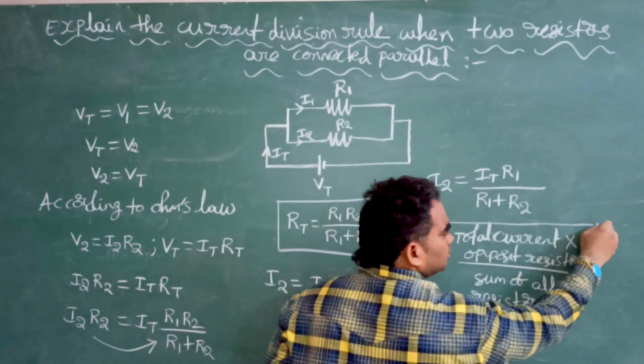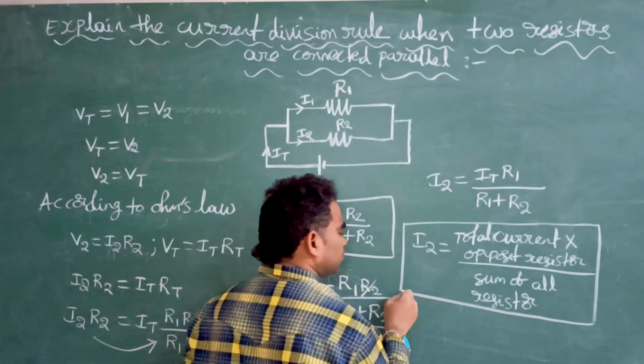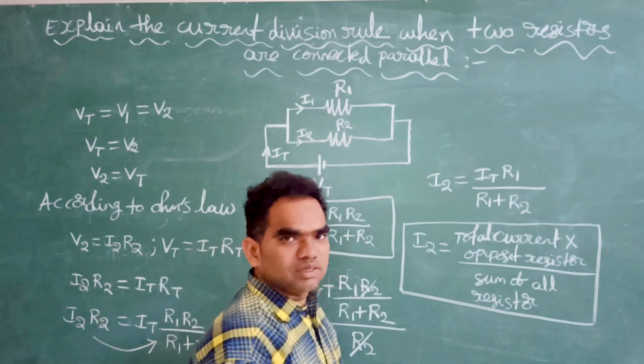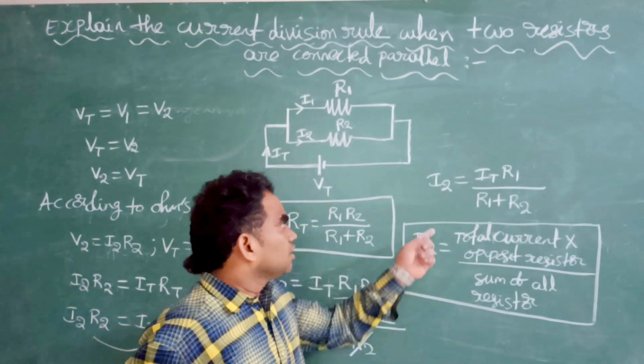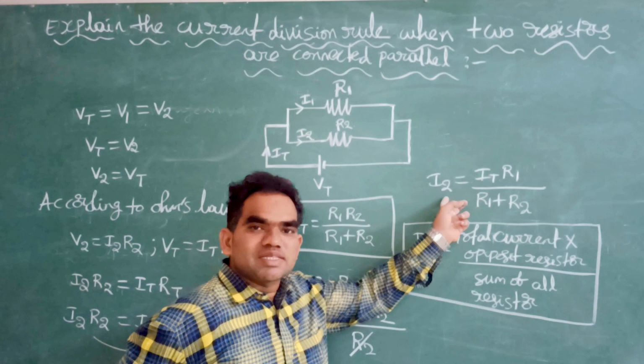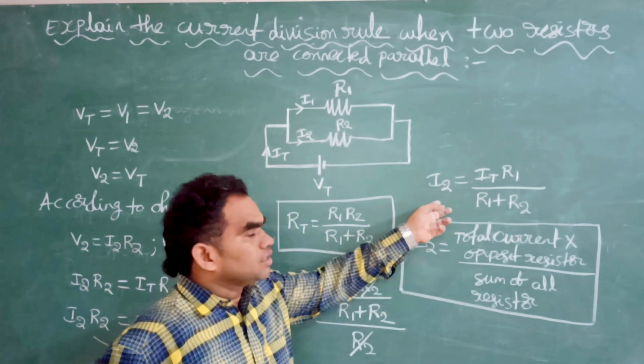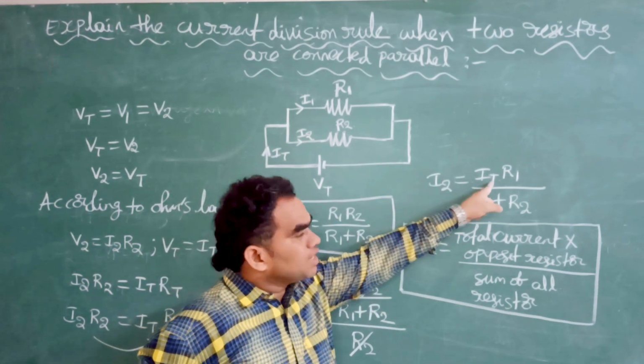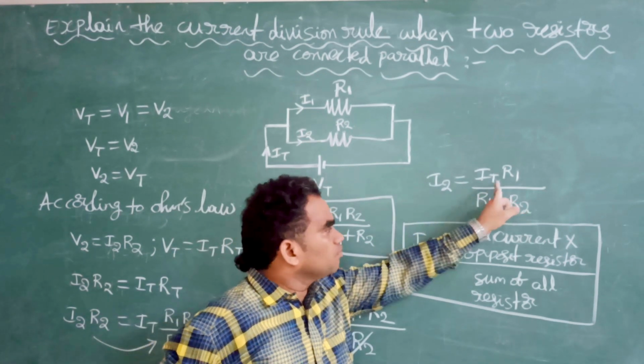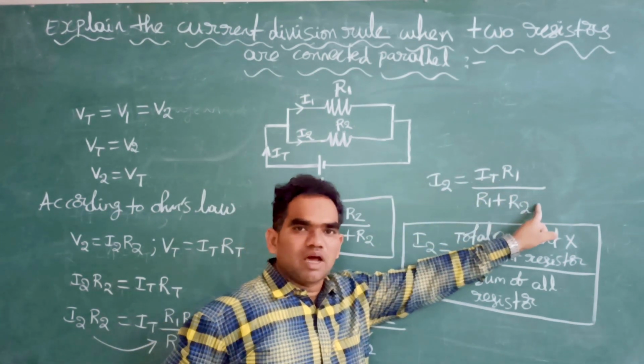This is the I2 value, the current flowing through the second resistor. I2 is equal to IT into R1 by R1 plus R2.